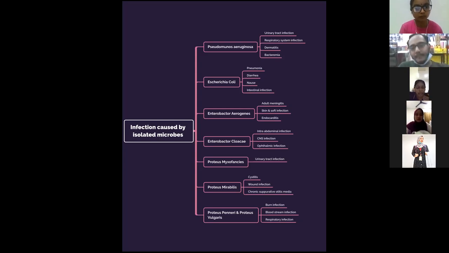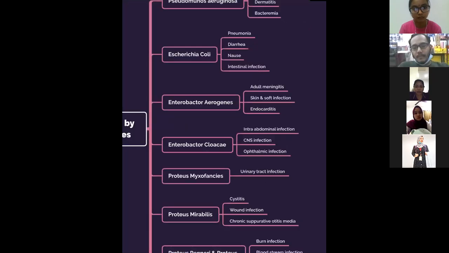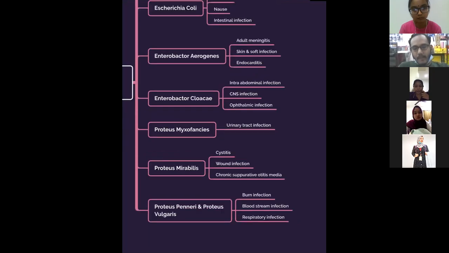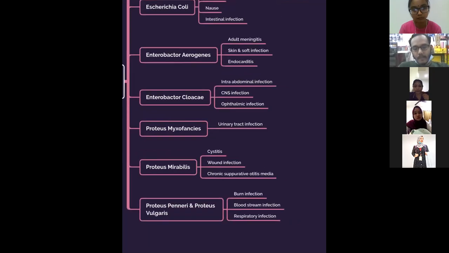Then the last ones, Proteus penneri and Proteus vulgaris, can cause burn infection and also bloodstream infection. Okay, that's all for the infection.